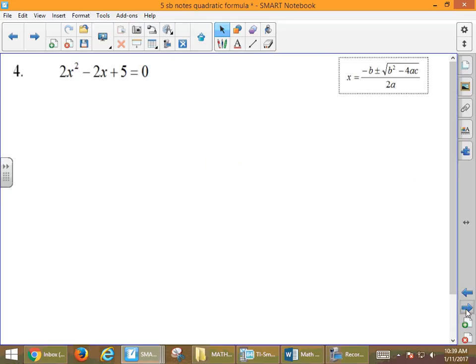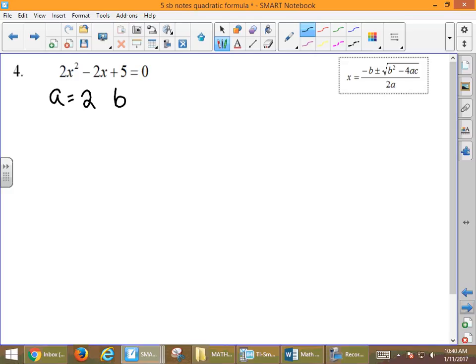And the nice part is that on problem number 4, the equation is already set equal to 0. So we can identify that A is 2, and B is negative 2, and C is 5. And we're going to fill in the quadratic formula.